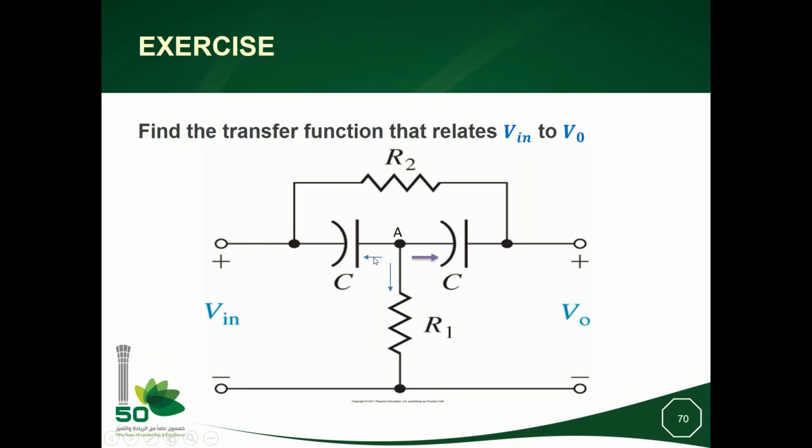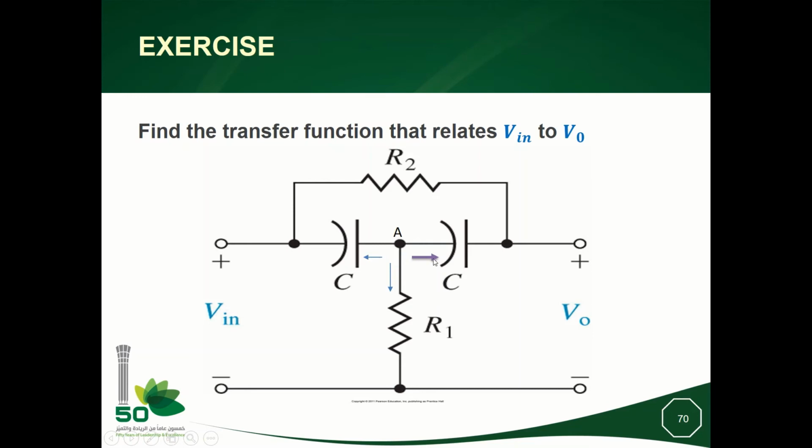This current can be expressed in terms of the voltages Vn and Va. It is Va minus Vn divided by the impedance of this capacitor. This current is Va divided by R1.